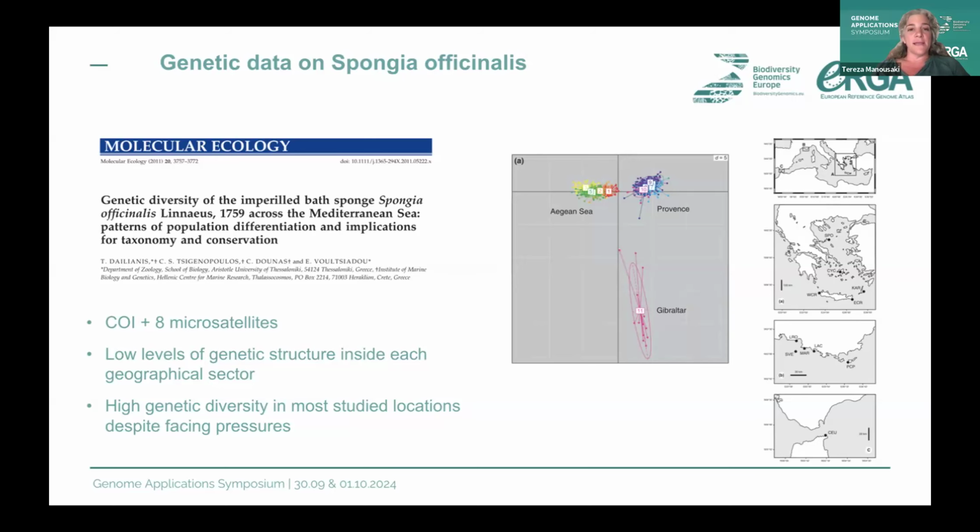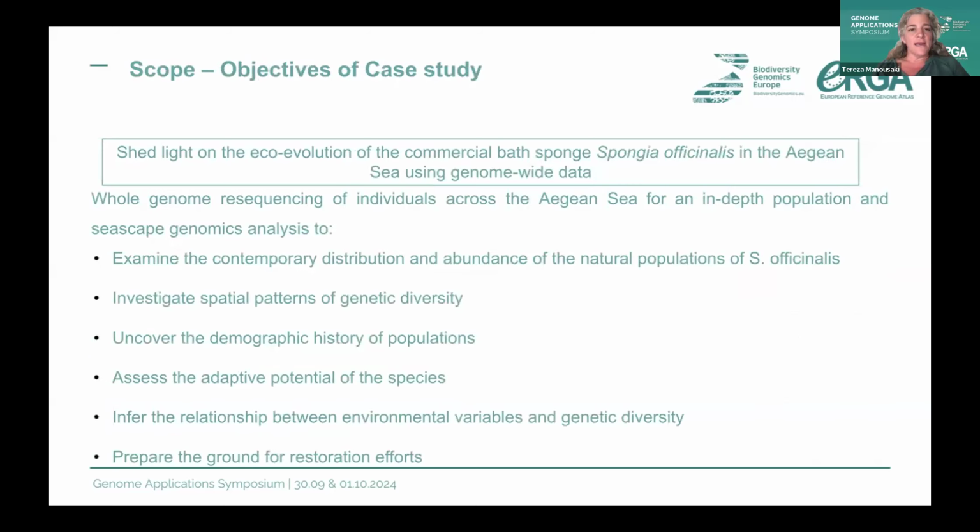So what we are doing now in our case study is to do a deep analysis in the evolution of this species across the Greek seas, Aegean, maybe also Ionian, using whole genome resequencing data, so genome-wide data this time.